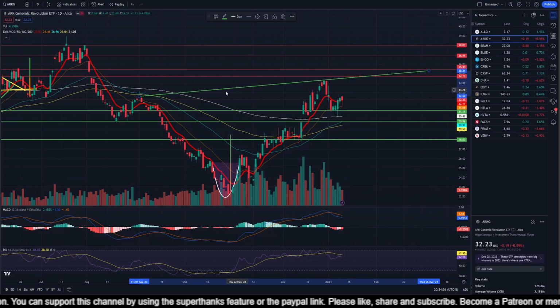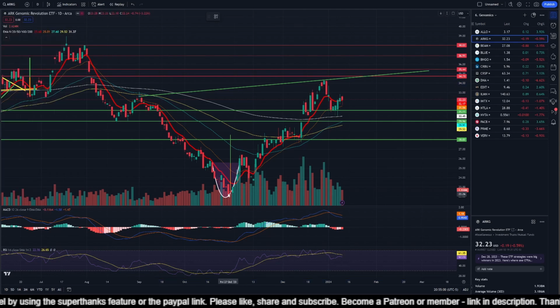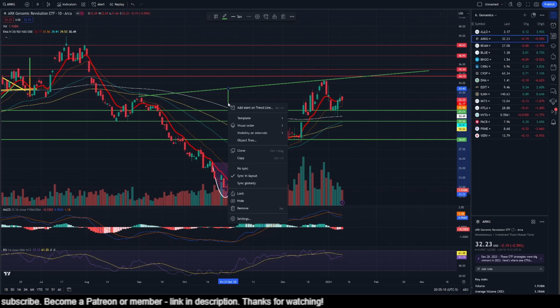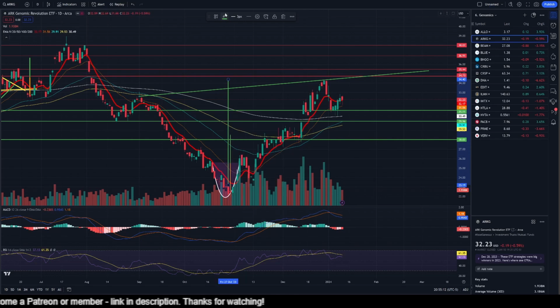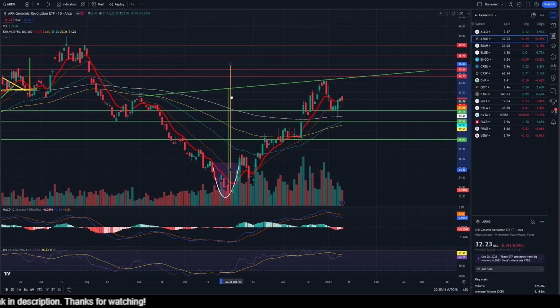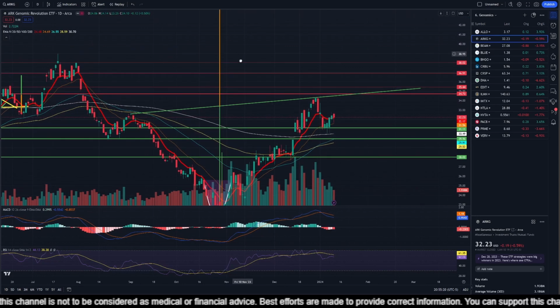Next, I'm going to take another trend line and follow from the very bottom. This is the bottom of the head, and I'm going to take it all the way to the neckline and click. So I'm going to clone this one, change that into orange, and pick this up and place it right on top of this neckline.